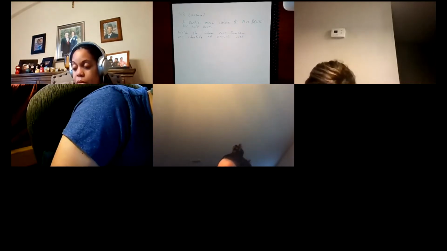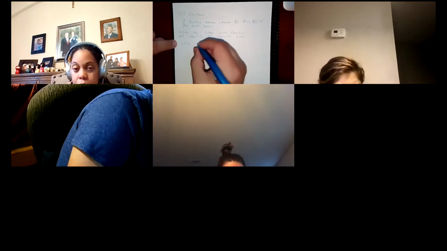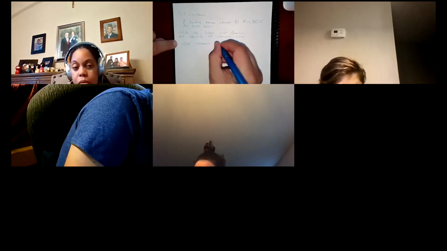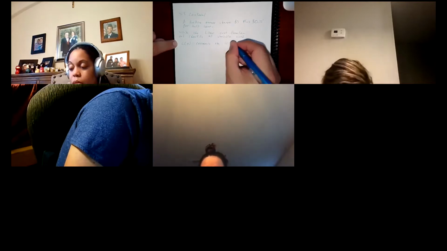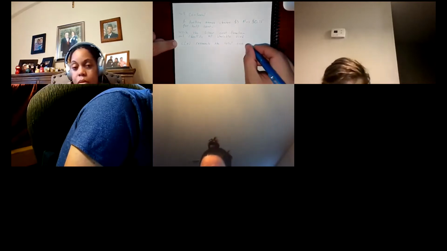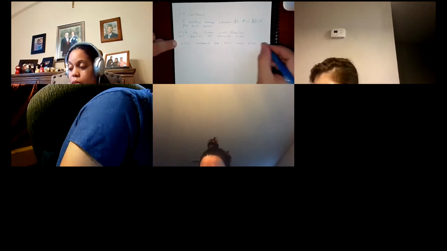Okay, so I'm going to use my own variables here. Still going to be C. I'm going to use C of X. So C of X represents, right? I'm going to define all this for you. Represents the total cost given X time. X is just going to be time.